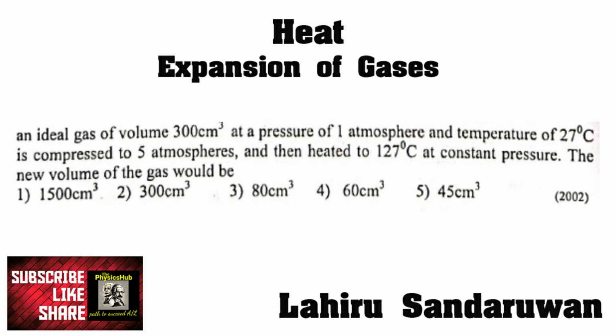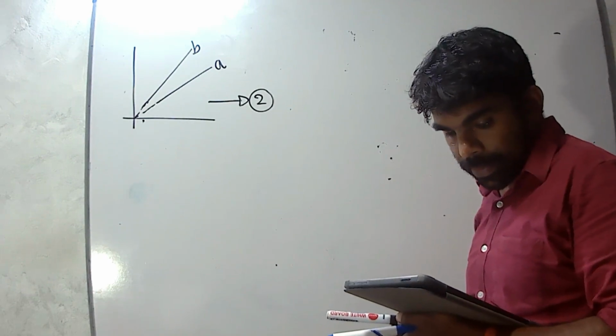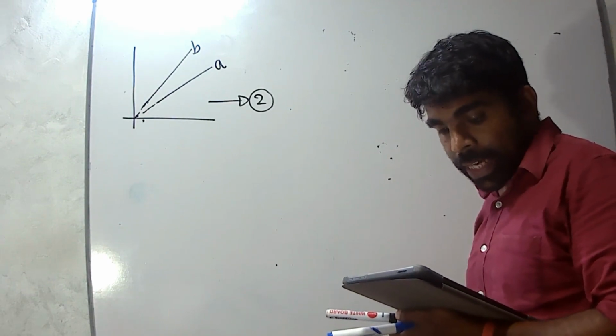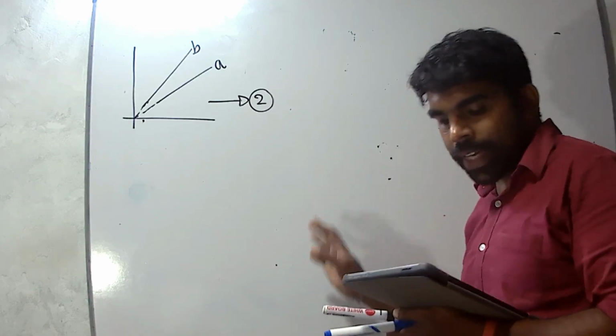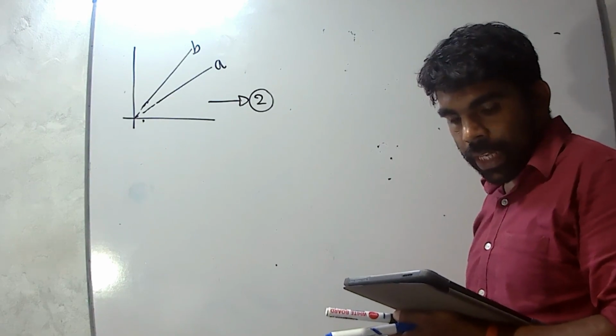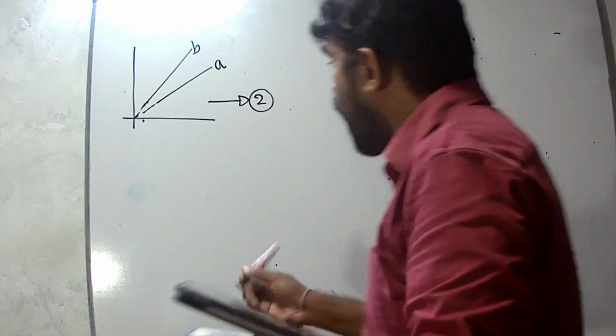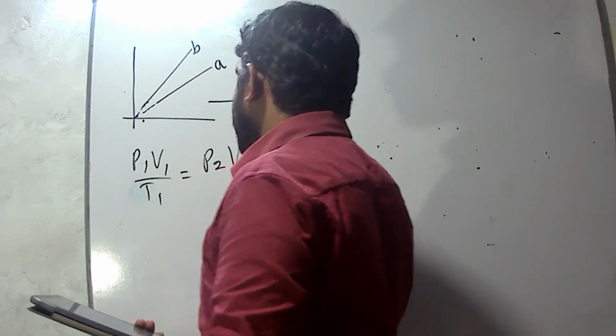An ideal gas of volume 300 cubic centimeters at pressure 1 atmosphere and temperature 27 degrees is compressed to 5 atmospheres, then heated to 127 degrees at constant pressure. The new volume of the gas would be? Considering the initial and final situation, P, V, T, all values are changing. Then we can use P1 V1 over T1 equals P2 V2 over T2.